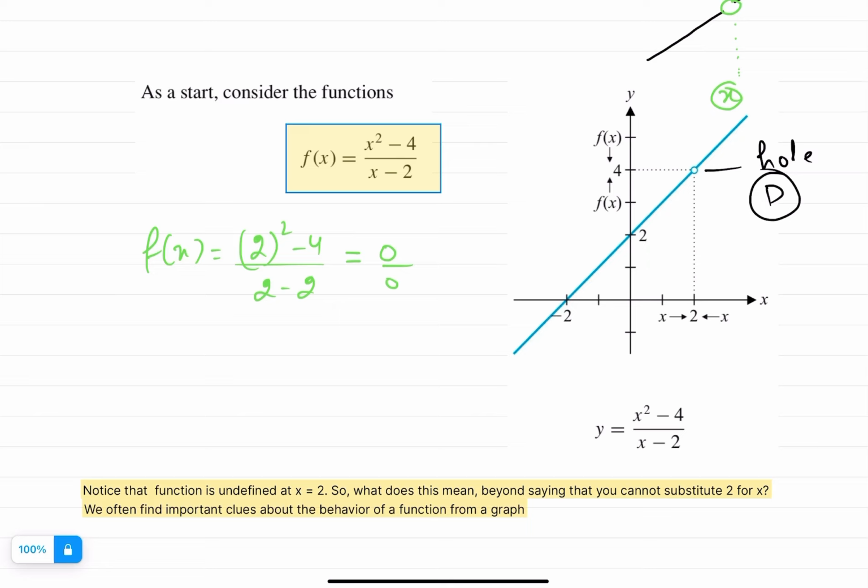So we have to do something different. Rather than putting in x equal to 2, we will take values closer to 2, and we can analyze how the function behaves and what output we get.